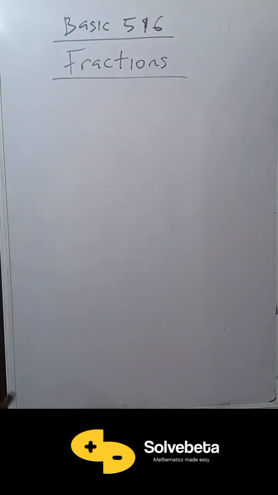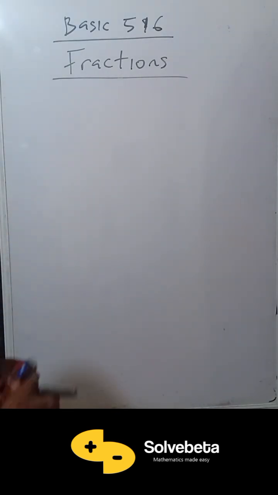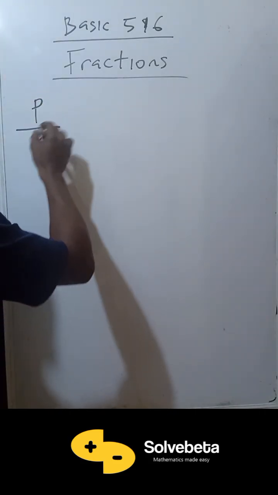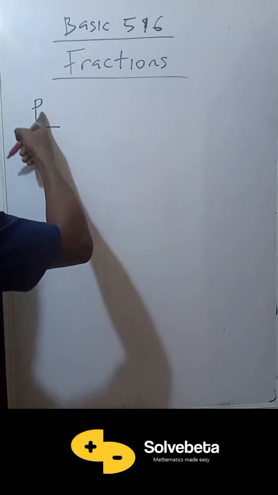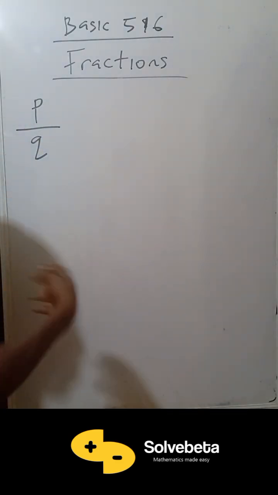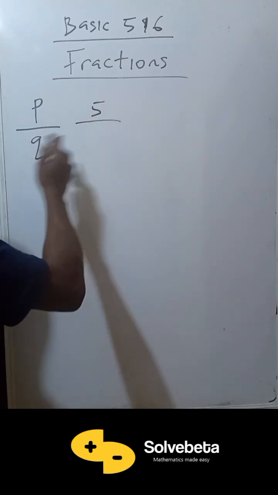So what is a fraction? A fraction is always in this form: a number divided by another number, P divided by Q, where I'm using P to represent any number you know. Give me a number you know, 5, over another number, 6.